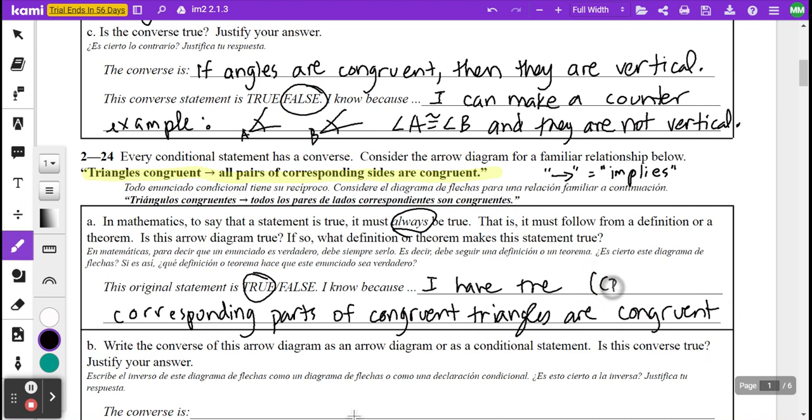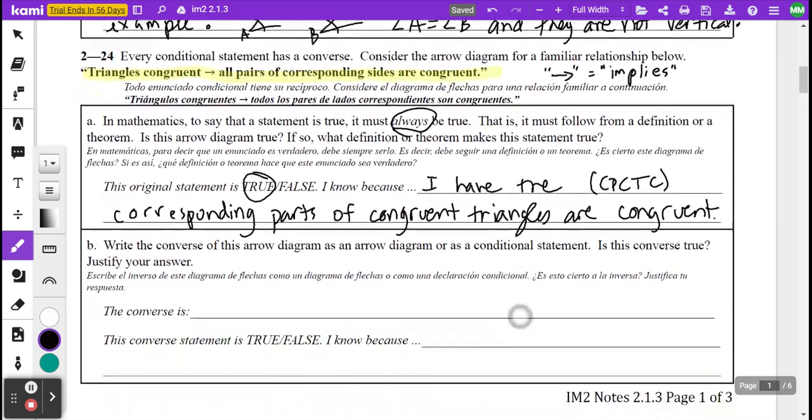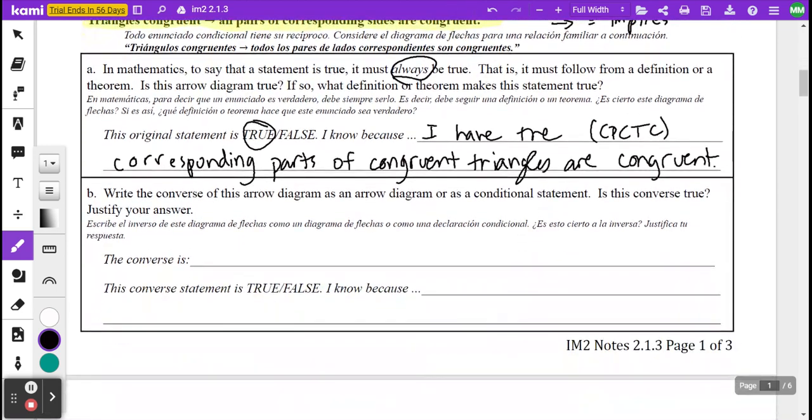And that's CPCTC for short. I think we learned that in notes 2.1.2, so last class.